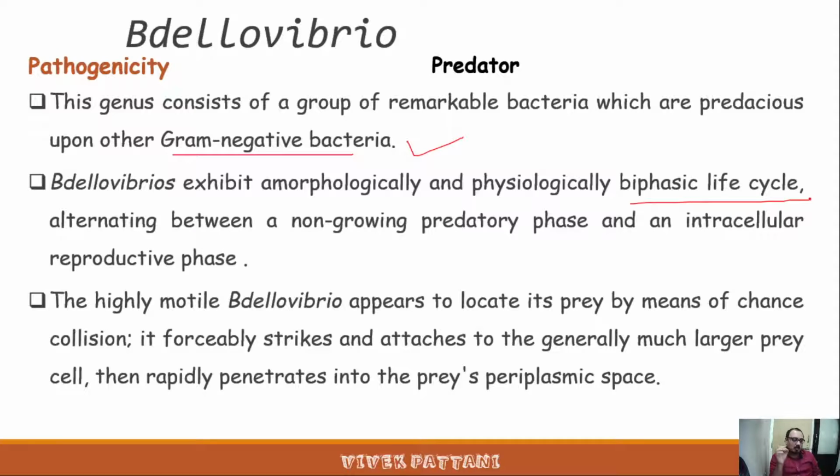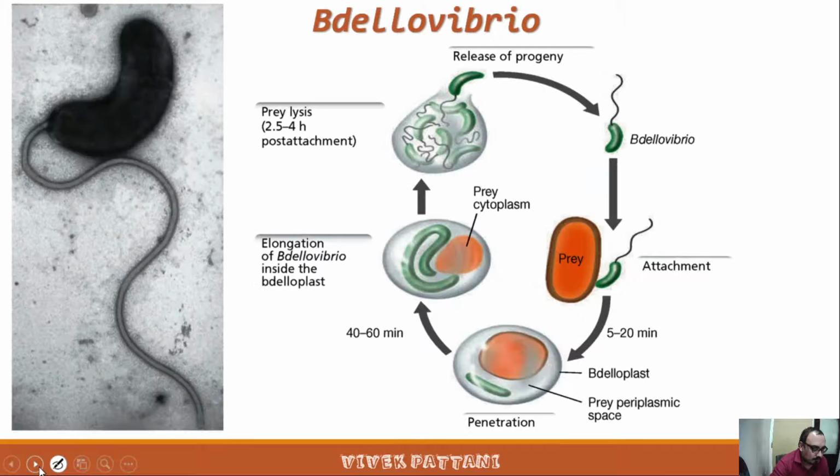The highly motile Bdellovibrio appears to locate its prey by means of chance collision, and it forcibly strikes and attaches to the generally much larger prey cell and then rapidly penetrates into the prey's periplasmic space.